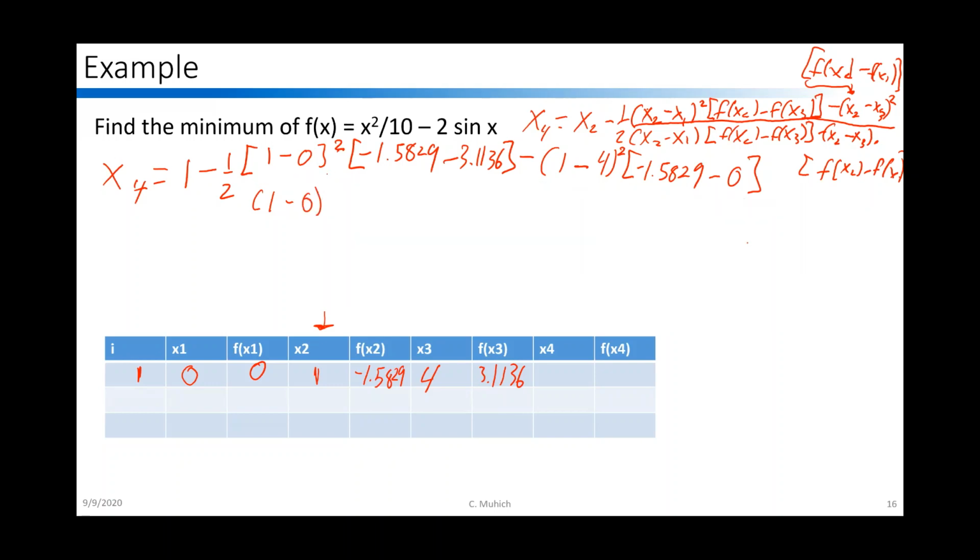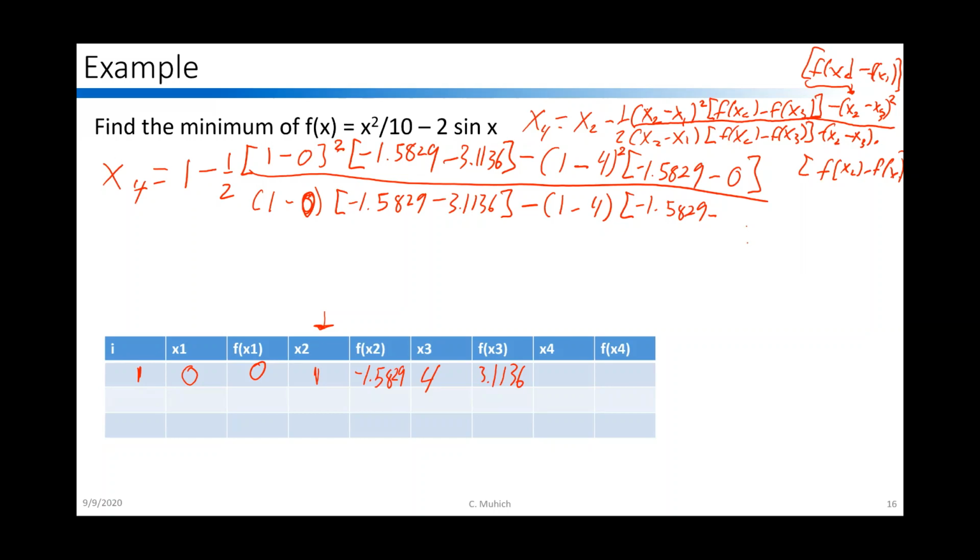Sorry about that. Times the quantity f of x2 minus f of x3, the same as the top, minus x2 minus x3, so 1 minus 4, no squares, times the quantity f of x2, negative 1.5829, minus f of x1, which is 0.